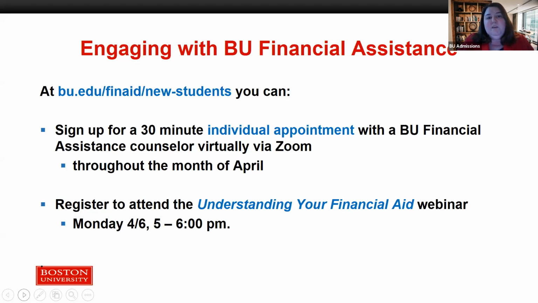For most families, we don't see any changes, because you probably used the IRS data retrieval when you filled out your FAFSA application, or you had your tax returns in front of you, so the information probably won't change. That's the really good news. If for some reason there was a change, then we'll evaluate that and make a decision whether or not we would have to make a change to an award.